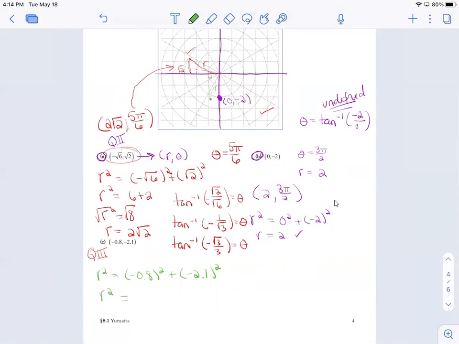So if I do my calculator, just to save us some time, negative 0.8 squared plus negative 2.1, and I'm going to square that thing.